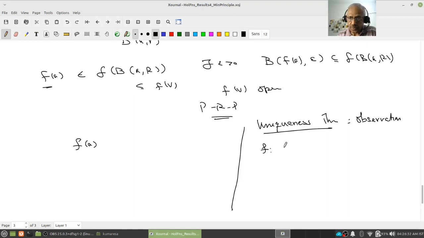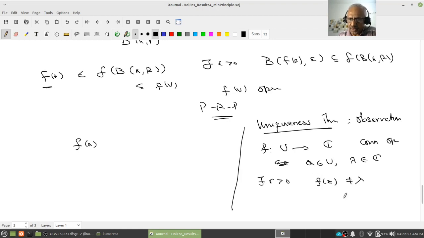Suppose f is holomorphic from U to C, assume connected, and suppose a is any point in U and lambda is any complex number. Then there exists an R positive such that f of z is not equal to lambda for z in B(a, R) and z not equal to a.